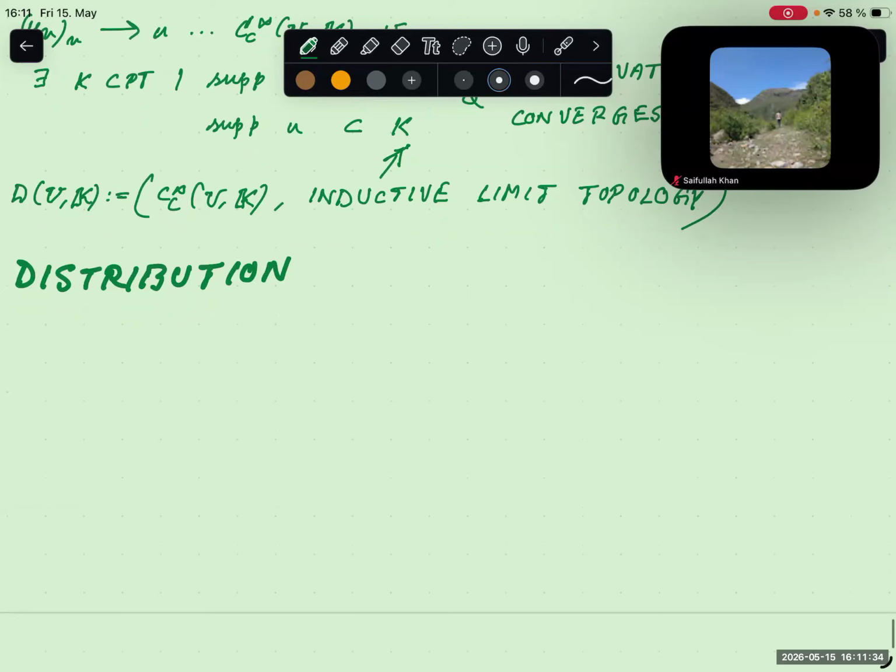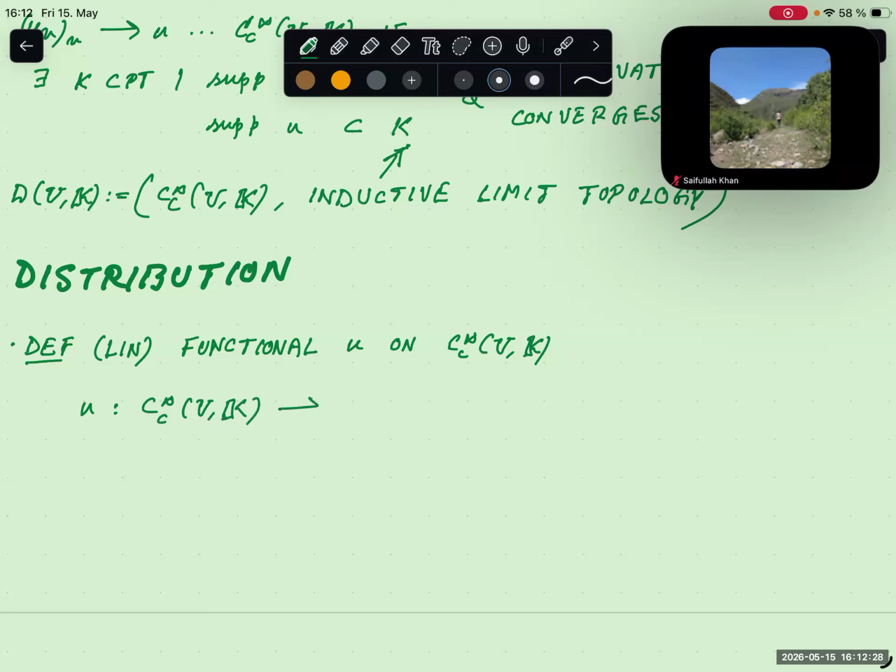Definition: a linear functional u on compactly supported functions means that u takes an element of this space and gives a number.